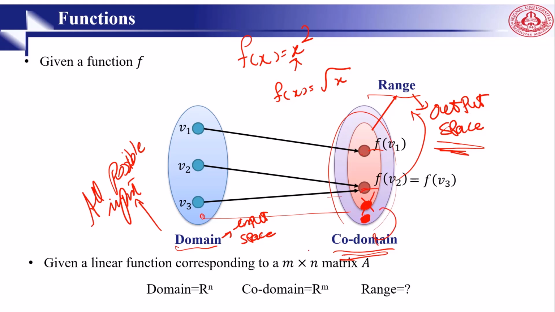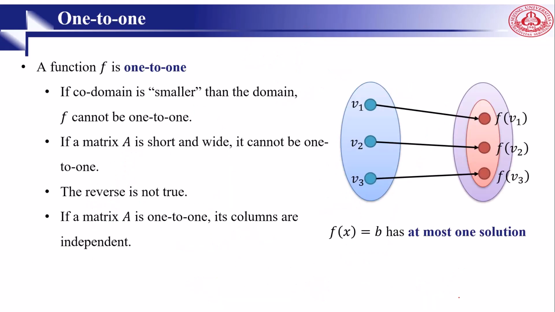In this scenario, where the domain is represented by Rn and the codomain is Rm, it's important to note that the range of the function can be at most a subset of Rm. So you can say the range is a subset of Rm. Functions can be onto, one-to-one, or both onto and one-to-one.